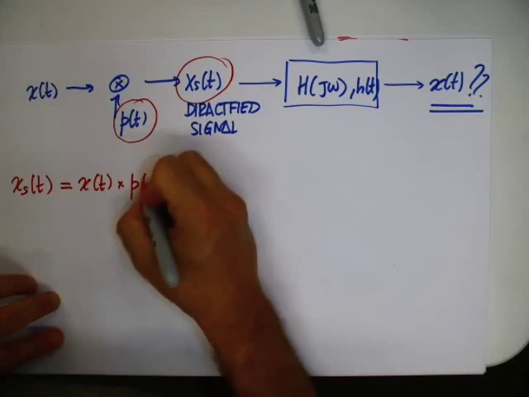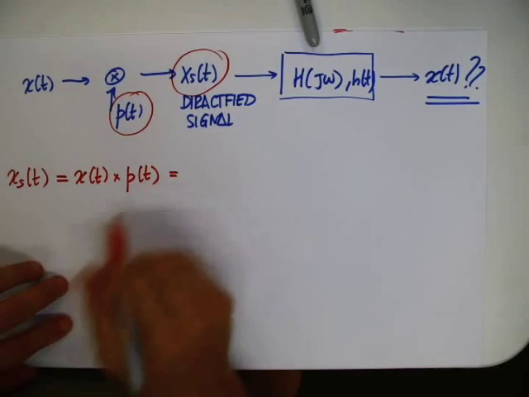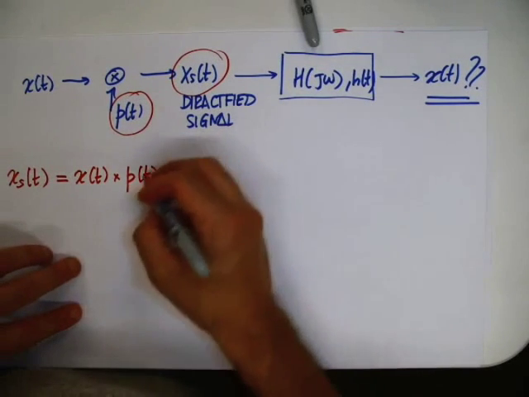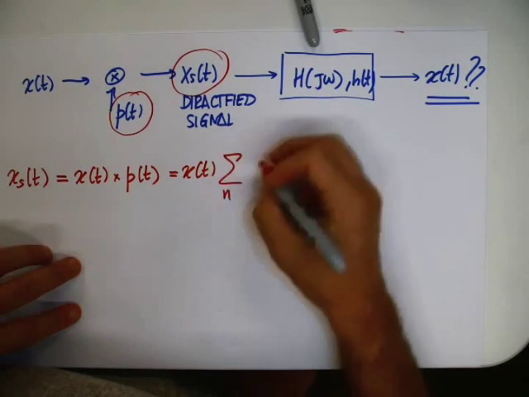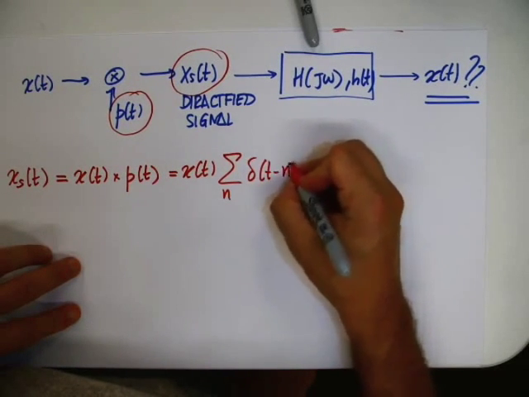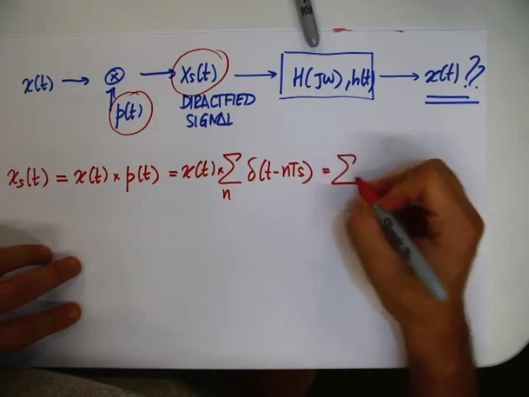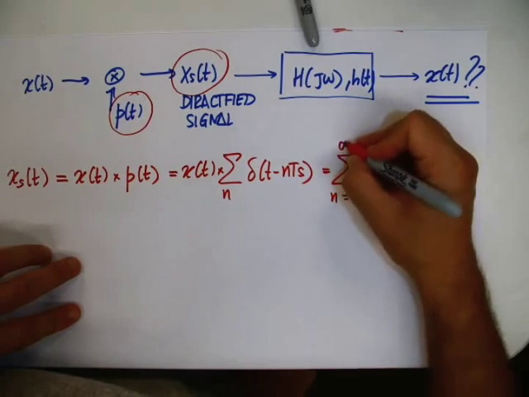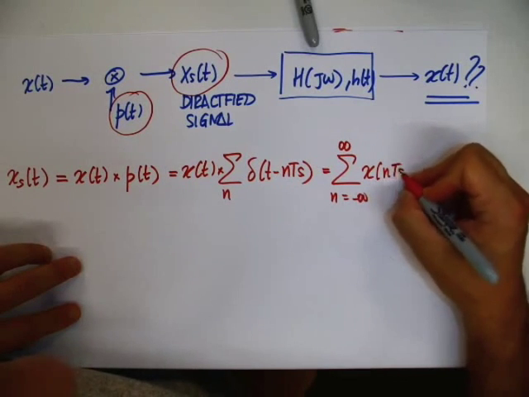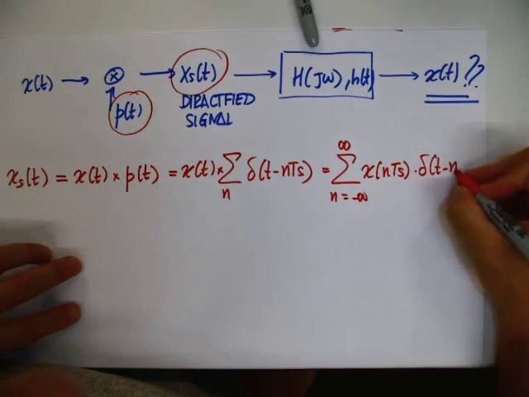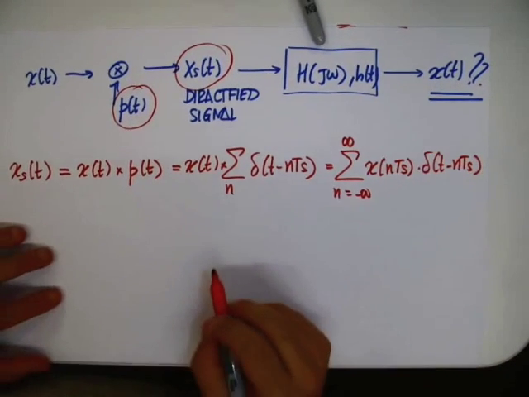This is basically given by the multiplication x of t times P of t, which is also equivalent to x of t times the sum over n of delta of t minus n ts, which is also equal to the sum over n from minus infinity to infinity of x of n ts times delta of t minus n ts. That's what I already showed you before.